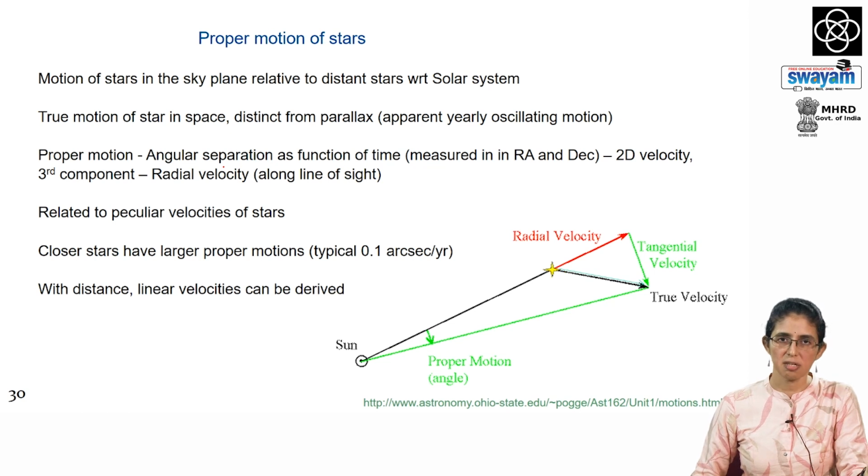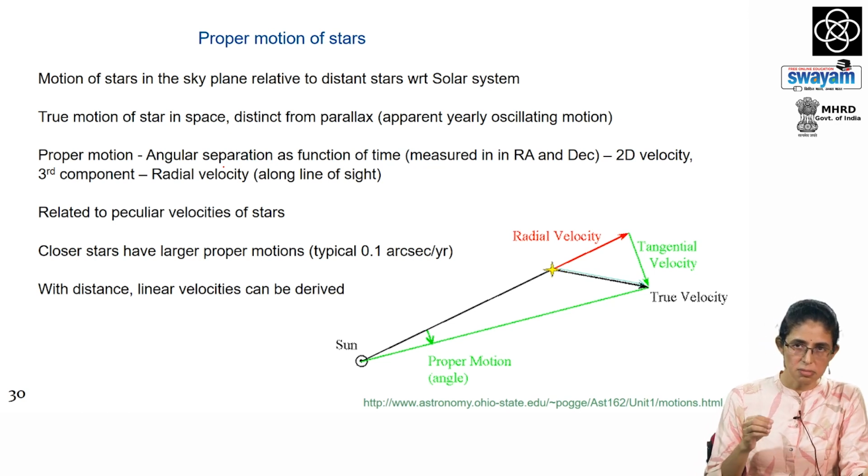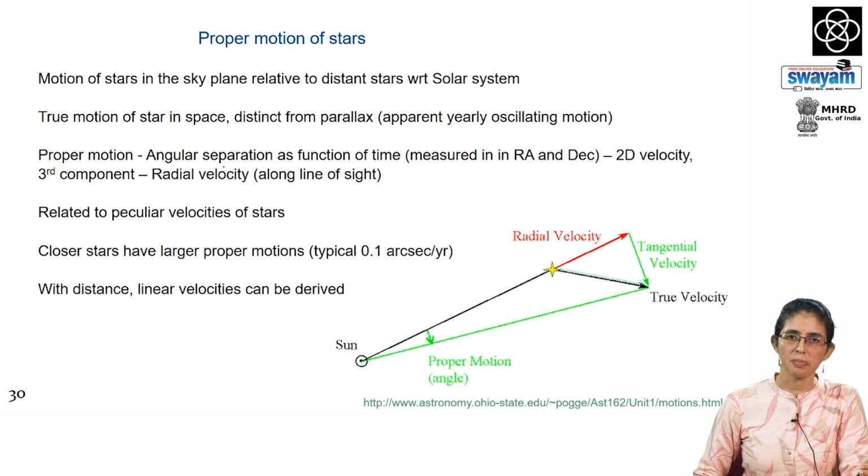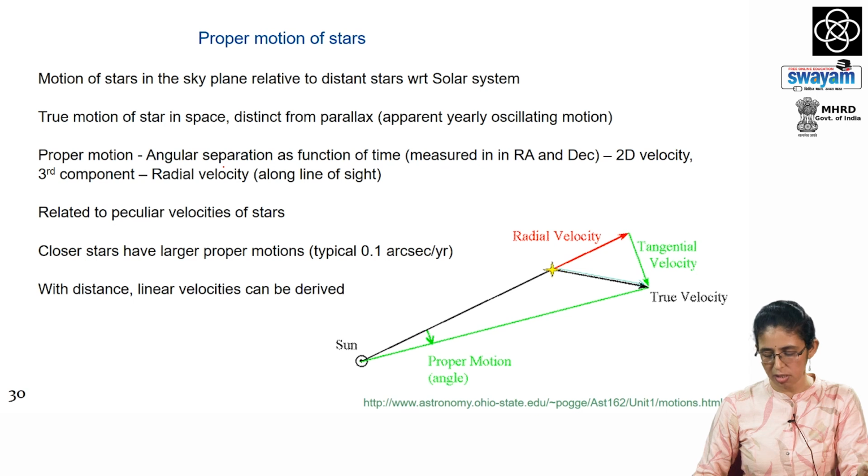Sometimes stars have certain velocities, and this proper motion is measured with respect to the sun or the solar system. Again, these proper motions are much larger and can be measured more easily for close by stars as compared to stars which are more distant. And if distance is known, using this proper motion the actual linear velocities of the star in space can be derived.